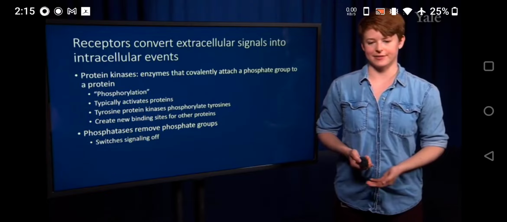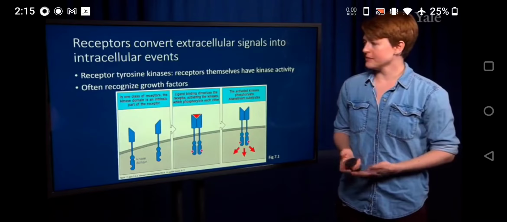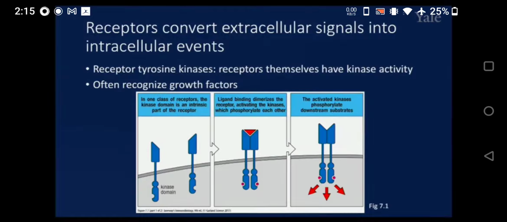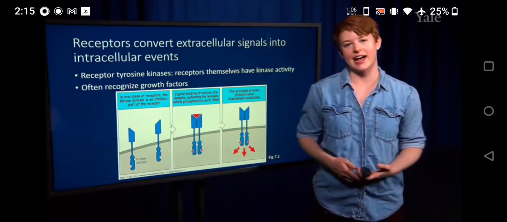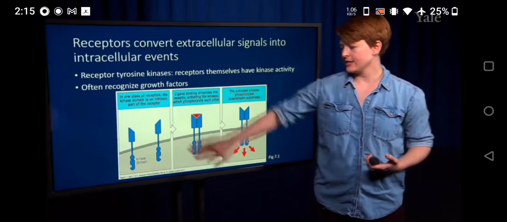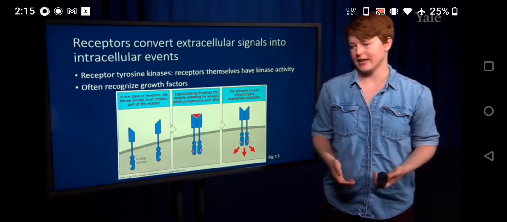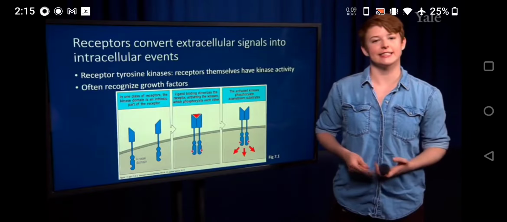So we'll be looking at those receptor kinases. The kinase domain is typically inside the cell. So here on this gray line you have the plasma membrane. There's an extracellular domain here, and this is linked to a tyrosine activity.